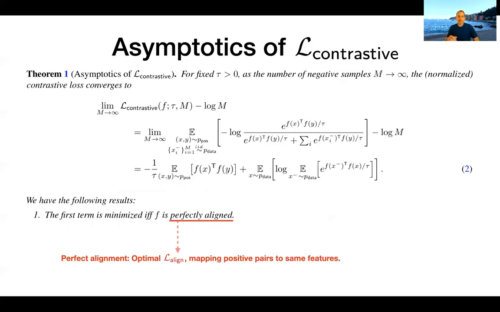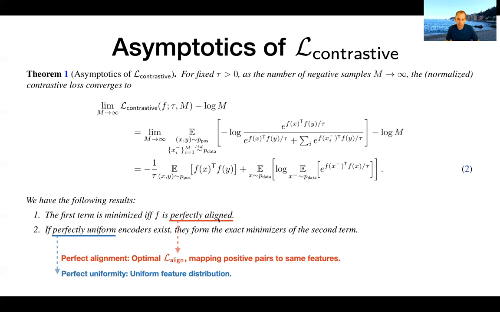Okay, so it turns out that if you write out the contrastive objective, asymptotically, you can rearrange the terms and observe that it's related to these two metrics, alignment and uniformity. So here's the contrastive objective. This is our InfoNCE objective. And it turns out to be equal, in the asymptotic limit as the number of negative samples goes to infinity, to a term related to the numerator and a term related to the denominator. The numerator term is minimized if and only if f, the encoding, is perfectly aligned, meaning f of x and f of y are identical.